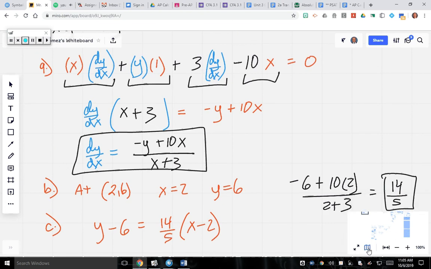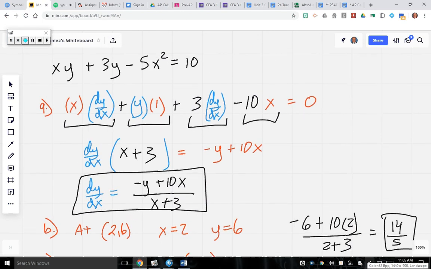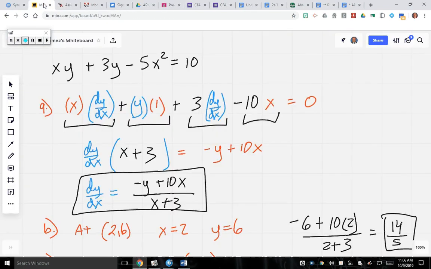There is the answer. The first times the derivative of the second. So there's the first times dy dx plus the second times the derivative of the first plus 3 dy dx minus 10x is equal to 0. Notice that I counted how many terms I have so that I can see what's going to move to the right.